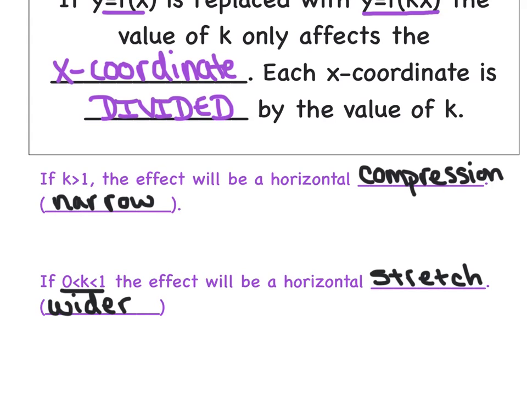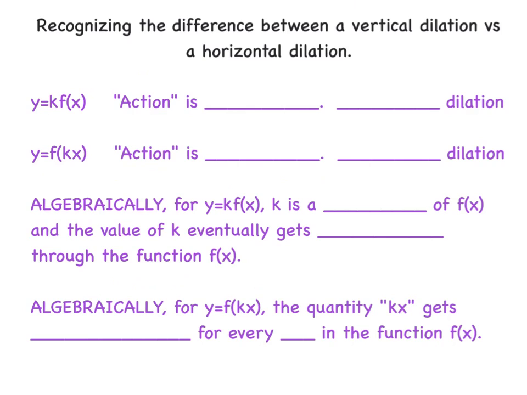So the whole idea of a compression and stretch take on a little different meaning today because we're speaking horizontally instead of vertically. Okay, one more slide before we get into some real live examples that we're going to see on tomorrow's sheet and in future quizzes and tests. But I want to talk about recognizing the difference between a vertical dilation, which is what we did yesterday, versus a horizontal dilation, which is what we're doing today. So yesterday we notice where the k was yesterday compared to where it is today.